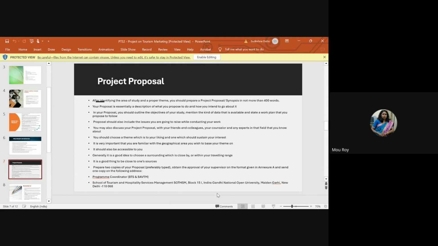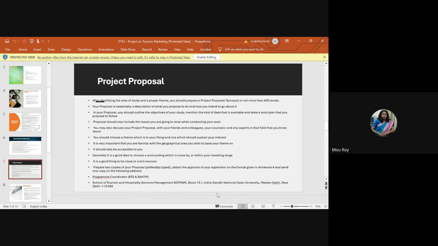Okay, that is important. You may also discuss your project proposal with your friends and colleagues, because they also give some inputs. Unless and until you discuss with your friends and colleagues or your peer group, you may not get that much information. See, because when you do a project, you need in-depth information.